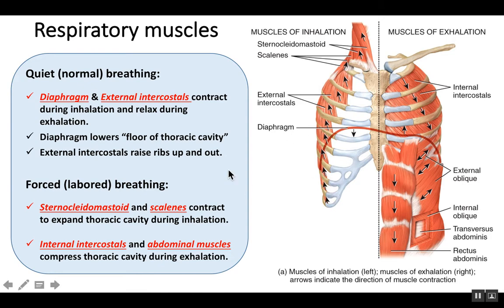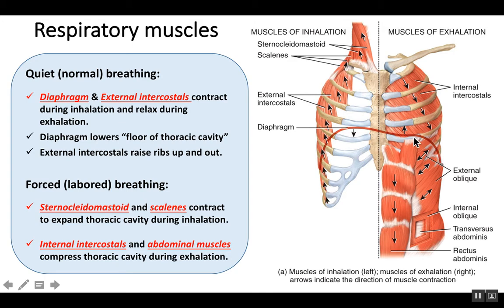When you breathe in, or the process of inhalation, that requires the diaphragm and external intercostals to contract. Contraction of the diaphragm and contraction of the external intercostals expands the thoracic cavity. The diaphragm acts to lower the bottom part of the thoracic cavity.